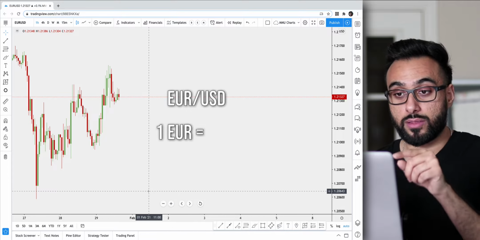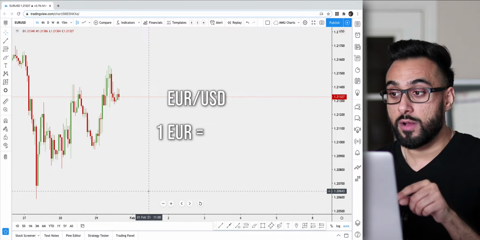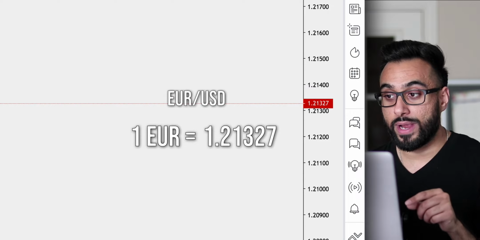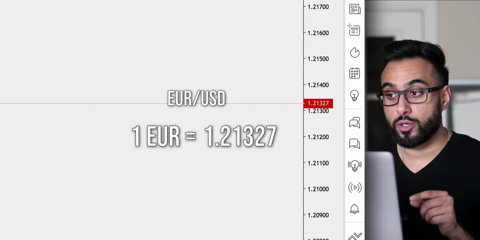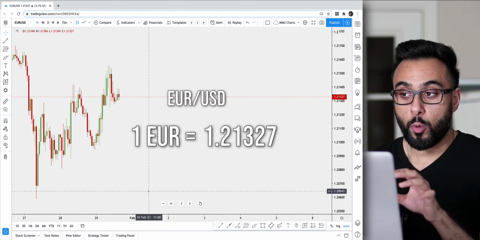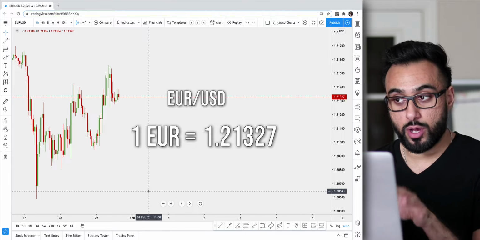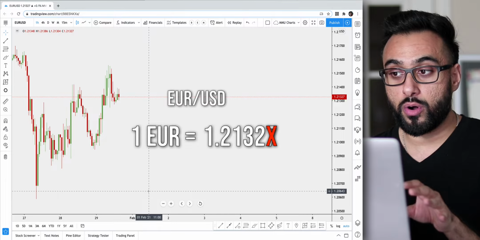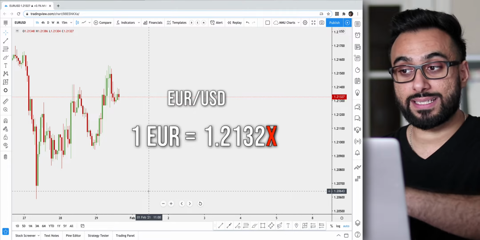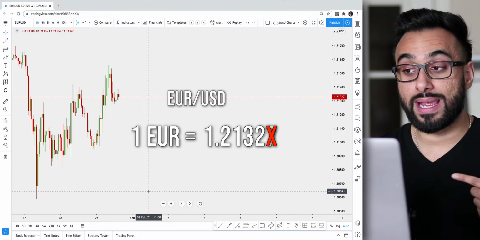So in this case, the current conversion rate right now is 1 euro is equivalent to 1.21327 US dollars. Now, whenever we're actually counting pips, though, we want to ignore the fifth or the last decimal place. So you want to ignore the last decimal place whenever you're considering counting pips.